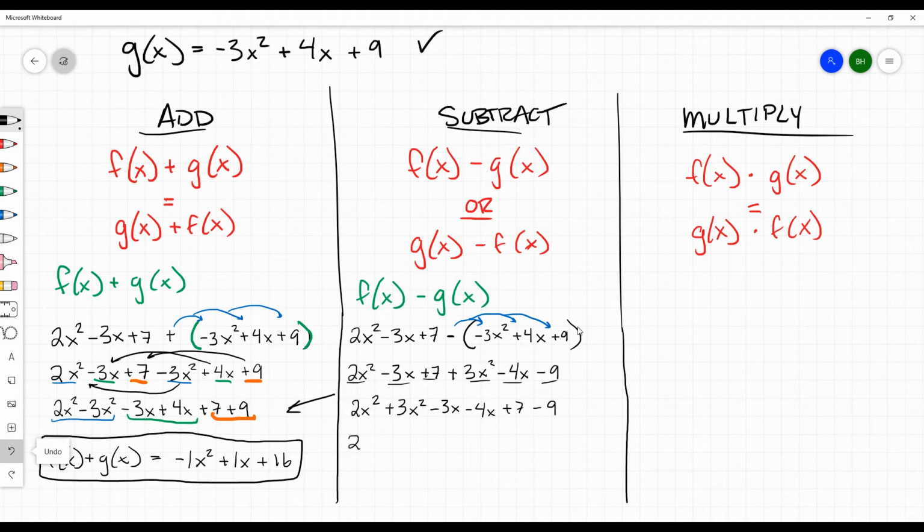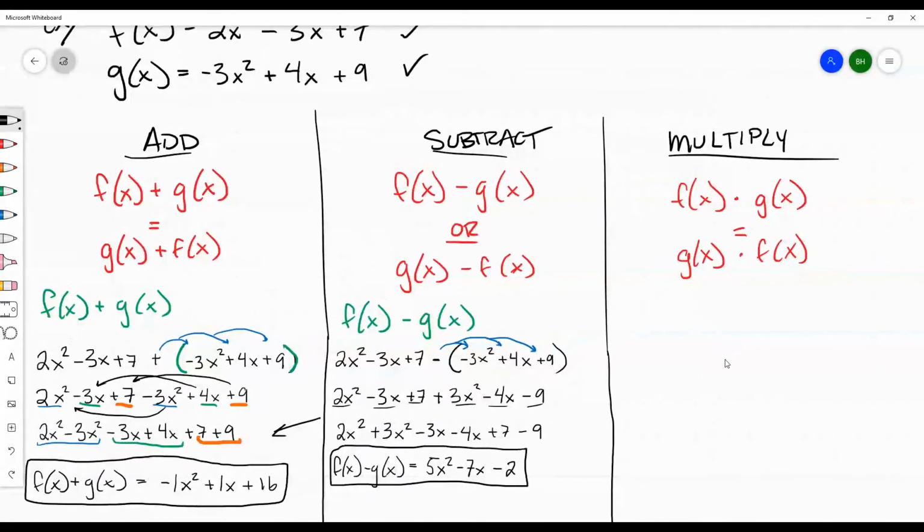I can write my answer as f of x minus g of x equals 5x squared minus 7x, and then you have a positive 7 and a minus 9, which is a minus 2. And this would equal something different if you flipped it and you had g of x minus f of x. I encourage you to go try that and see what you get.